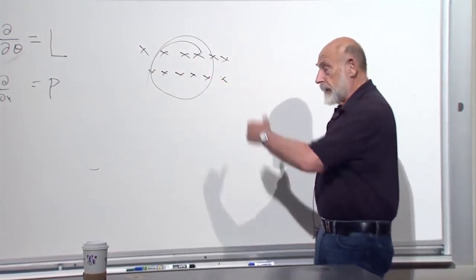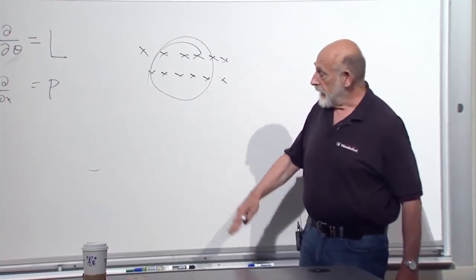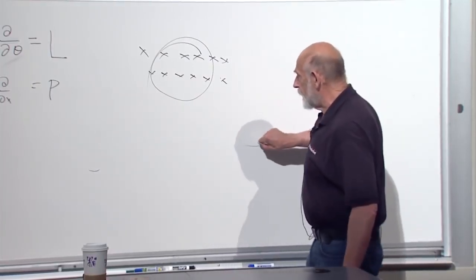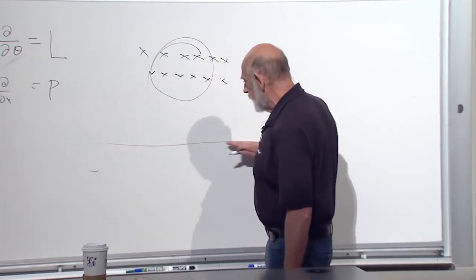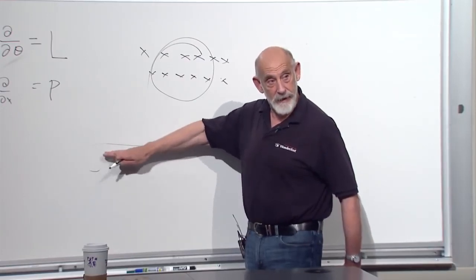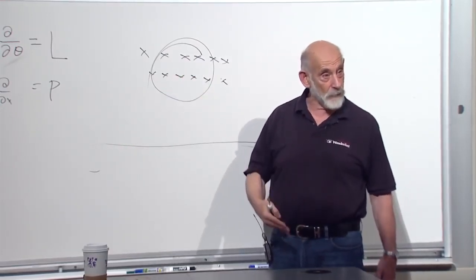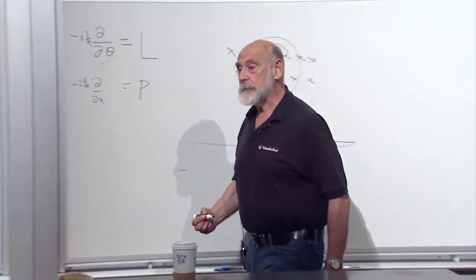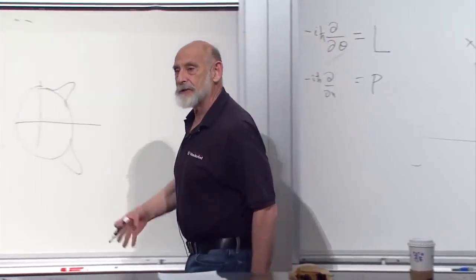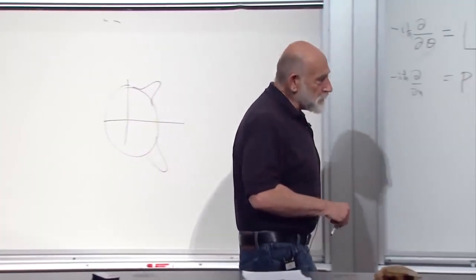If you take a magnetic field pointing into the blackboard and you reflect the configuration about a plane like this, what you get is a configuration with the magnetic field coming out of the blackboard. This is because magnetic field is an axial vector. Okay? You can see it another way.